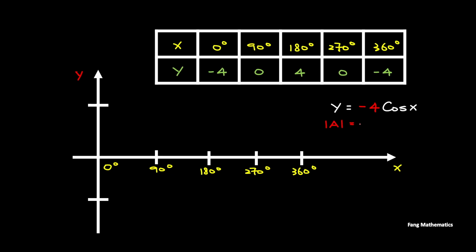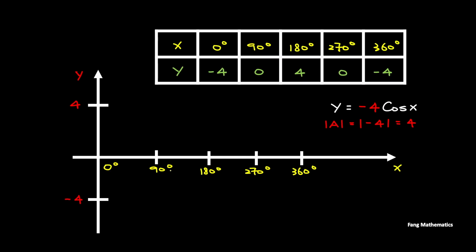Amplitude tells you to take the magnitude or the absolute value of this multiplier. So the absolute value of minus 4 should ultimately get you 4. So on the y-axis, you mark 4 and minus 4.